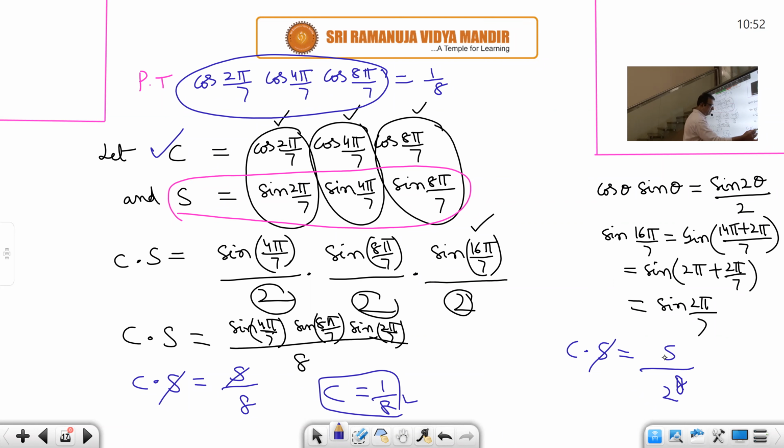So S can be cancelled out. Here we got 1 by 2 cube only with 3 factors. Suppose 8 factors are there, you will get 2 power 8. So this is what is named the CS method. This method is also very useful.